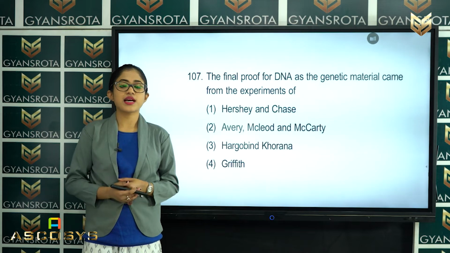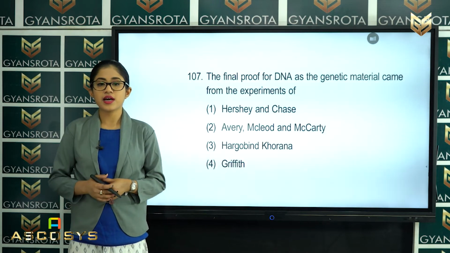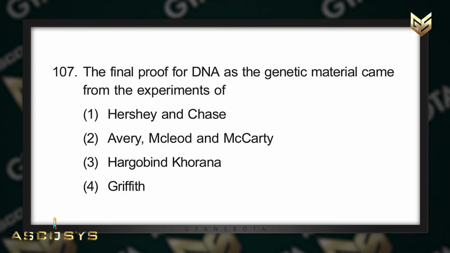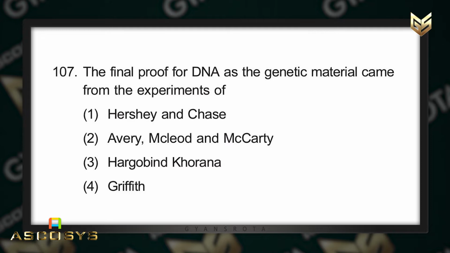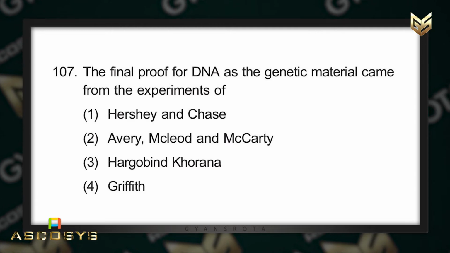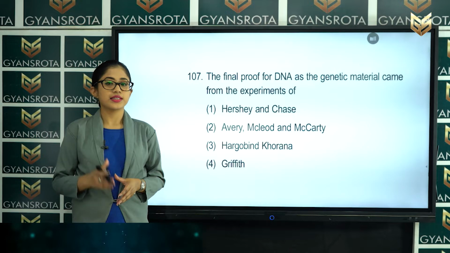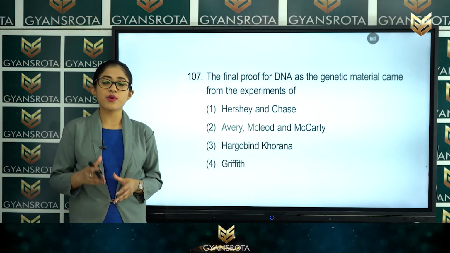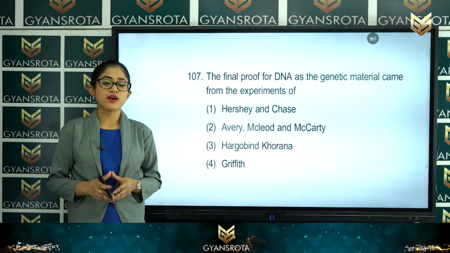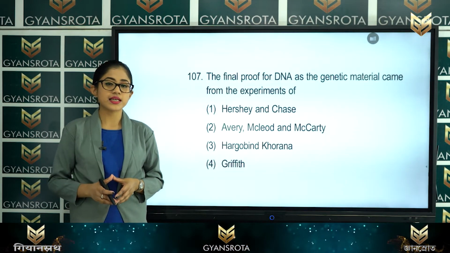In the next question, that is question number 107: the final proof for DNA as the genetic material came from the experiment of Hershey and Chase, Avery, MacLeod and McCarty, Har Gobind Khorana or Griffith. That we have discussed in the chapter Molecular Basis of Inheritance from the unit Genetics.